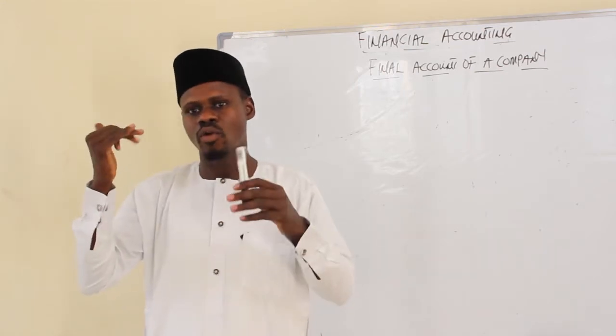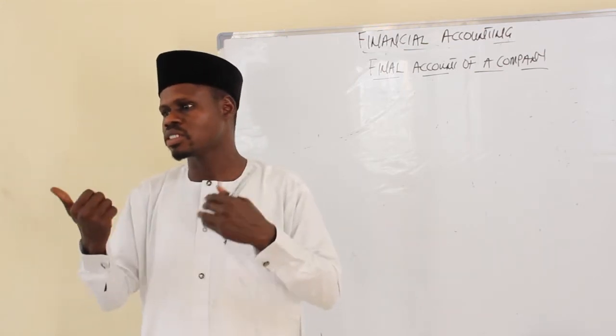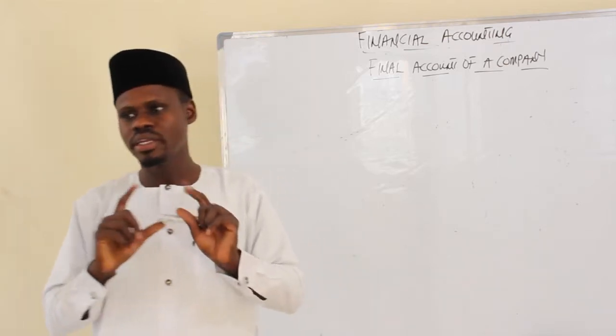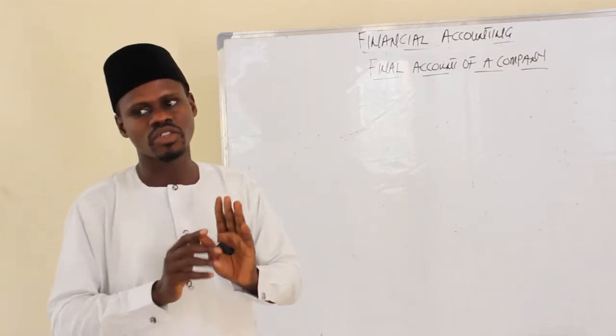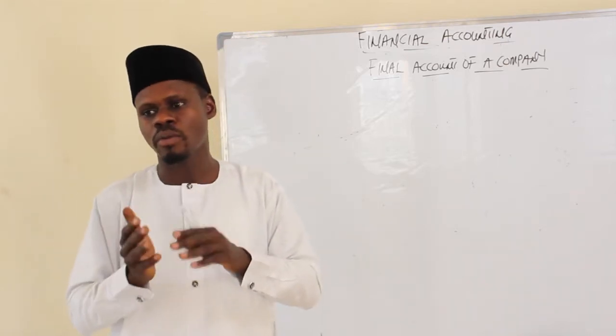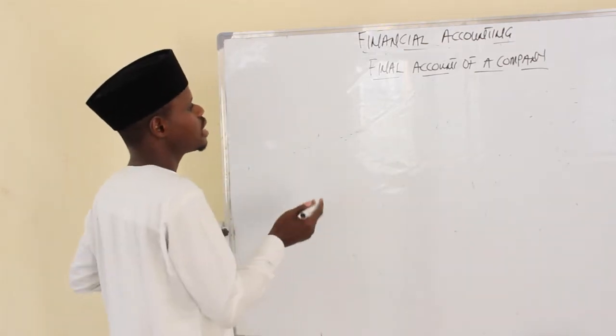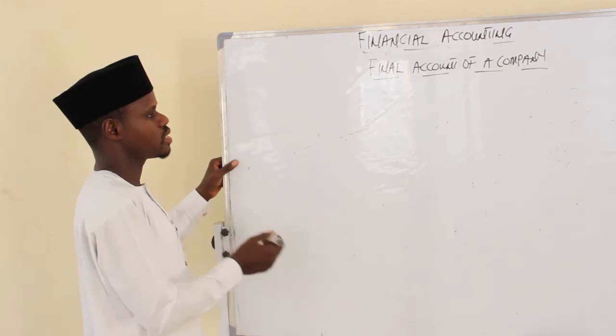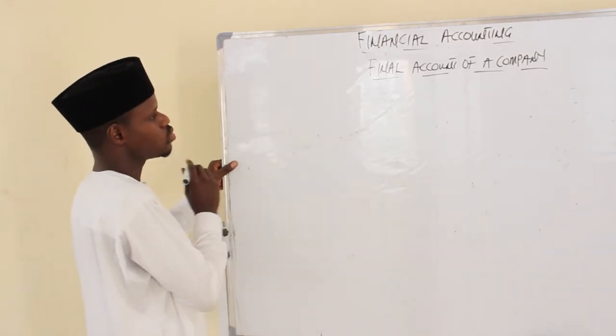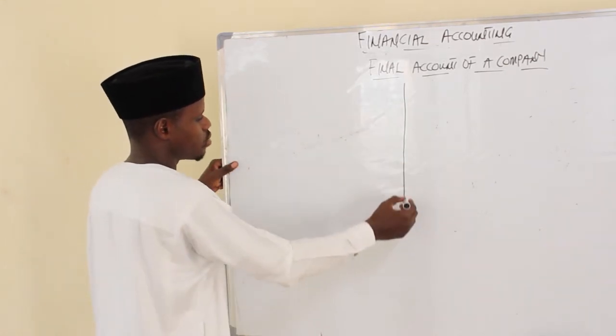The expenses are likewise similar, meaning the profit and loss is similar. The only difference between the final account of a sole proprietorship or partnership business and that of a company is the addition of some expenses. So for example, let's assume this is your final account.